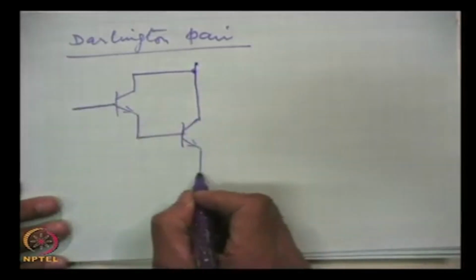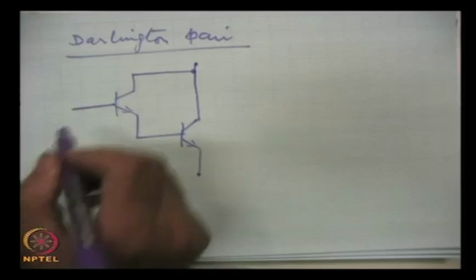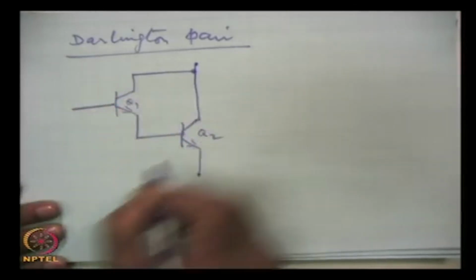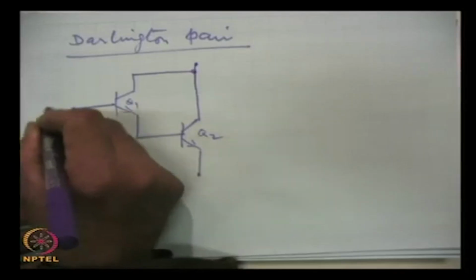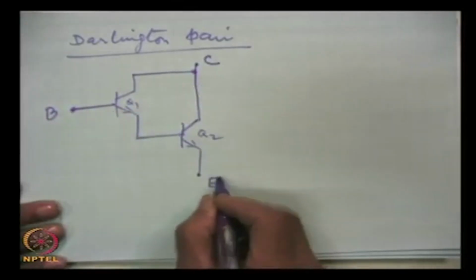This is sold in the market as a single device. This is all enclosed. These are two transistors, Q1 and Q2. This is Q1, this is Q2, and this is base, this is collector, and this is emitter.